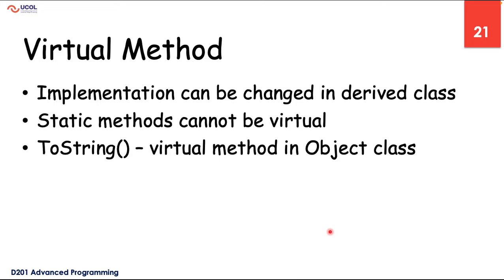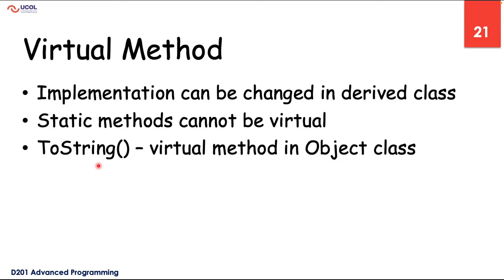ToString method is also a virtual method in the object class. In the object class we have a ToString method. ToString means that you're converting that particular object into a string so that we can print something on the screen. That is a by default virtual method which is present in the object class, and you know that object class is the base class in C#, and that is exactly the same for Java as well.